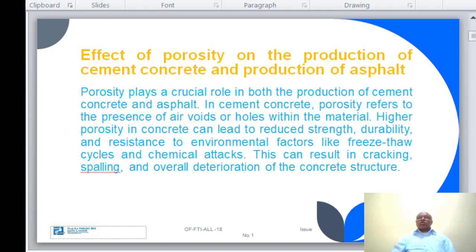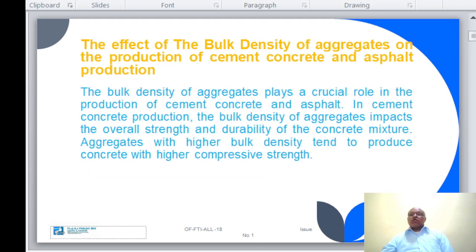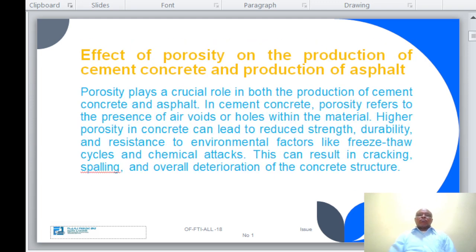In the case of asphalt production, porosity refers to the presence of air voids within the asphalt mix. Porous asphalt mixes are designed to allow water to drain through the pavement surface and into the underlying layer, reducing the risk of surface water accumulation and improving skid resistance.